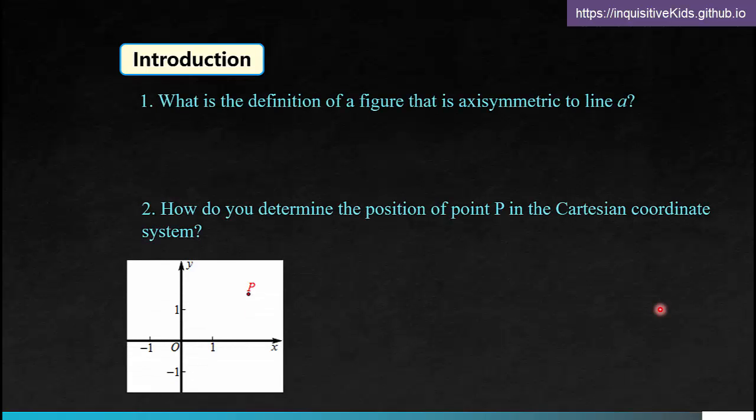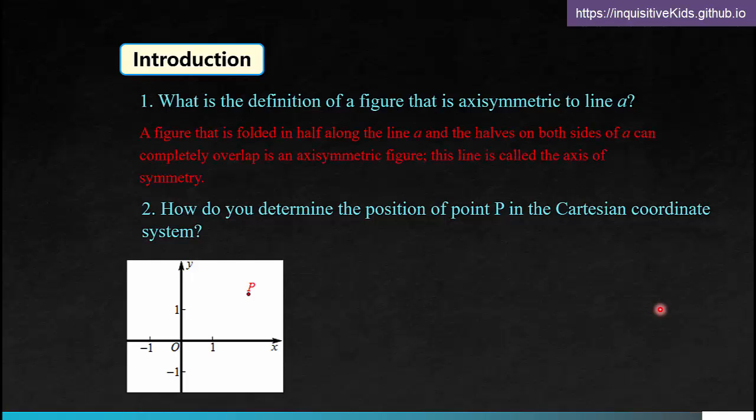Introduction. What is the definition of a figure that is axisymmetric to line A? A figure that is folded in half along the line A, where the halves on both sides of A can completely overlap, is an axisymmetric figure.